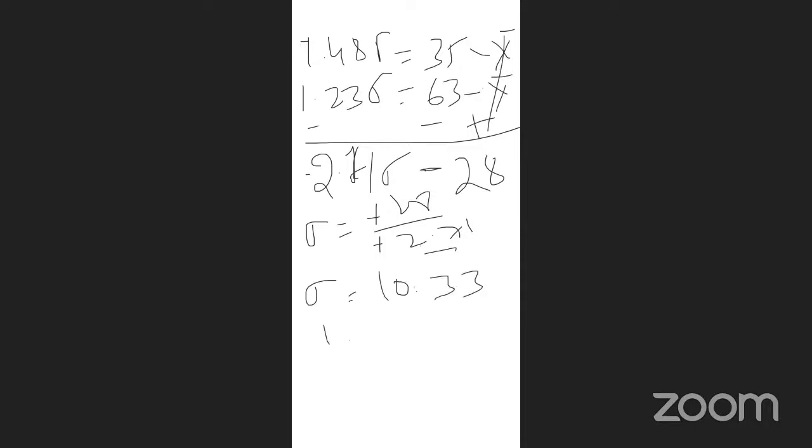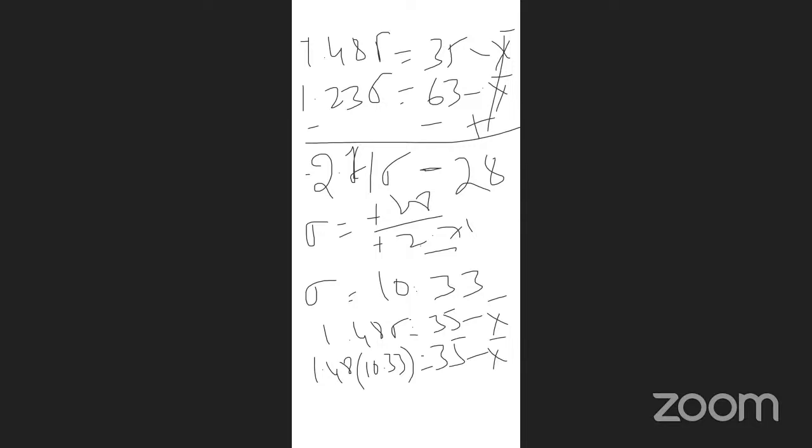Then substitute into 1.48 standard deviation is equal to 35 minus X bar. So 1.48 into 10.33 is equal to 35 minus X bar.